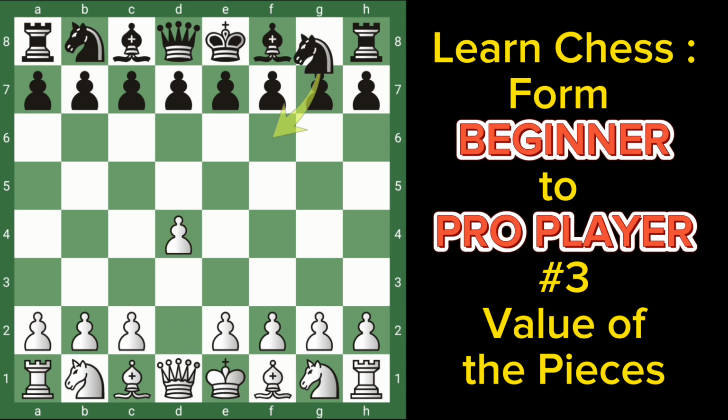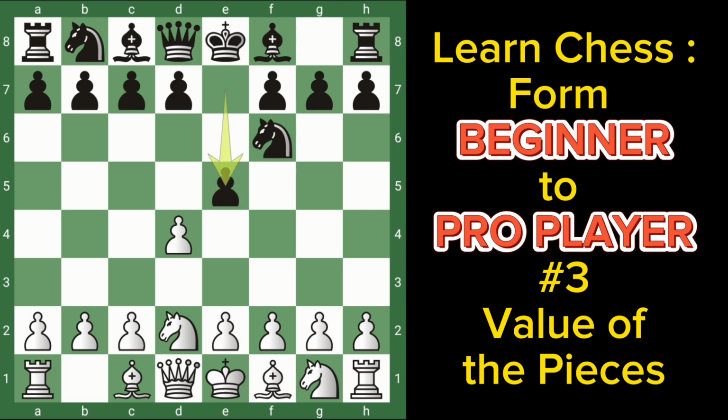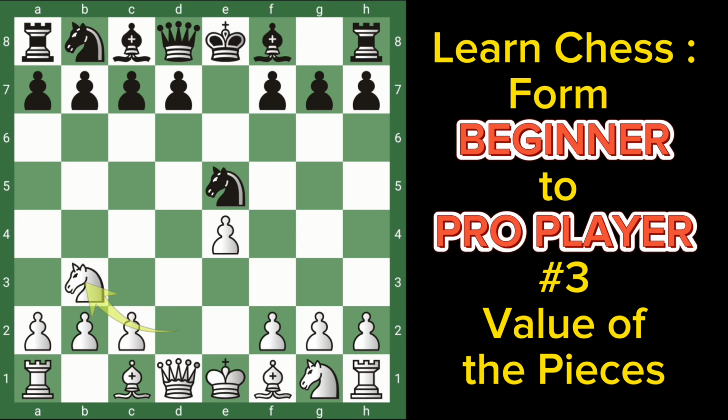D4. Knight F6. Knight D2. E5. D takes E5. Knight G4. It is possible to play E4. Knight takes E5. Knight B3. D6.